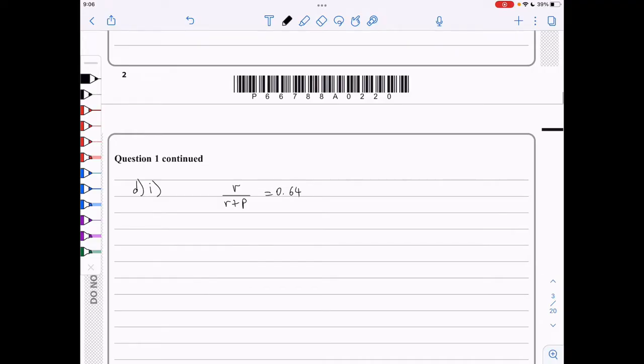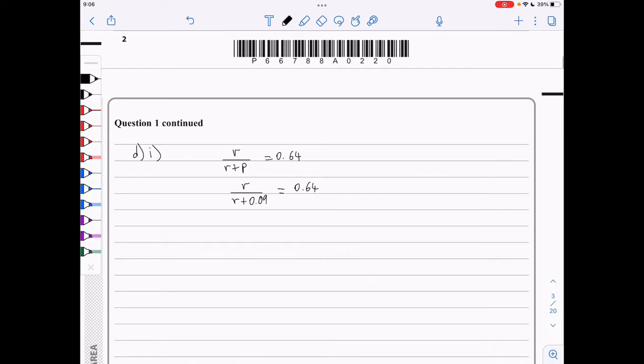We have found P to be 0.09. So R over R plus 0.09 is 0.64, which we will cross multiply. R is 0.64R plus 0.0576, which leads to 0.36R is 0.0576.